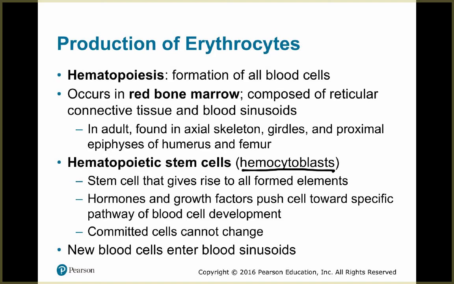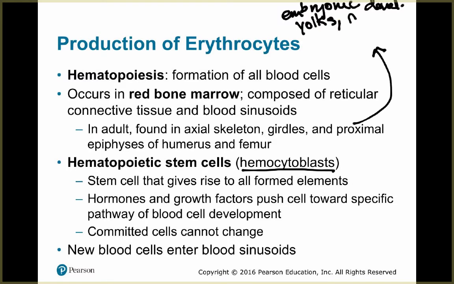Now, the areas that we find in adults where we make blood cells is a little different than what we see in embryonic fetal development, right? In the embryo, the red blood cells essentially are made in the yolk sac, the fetal liver, and the spleen. So this is before birth.